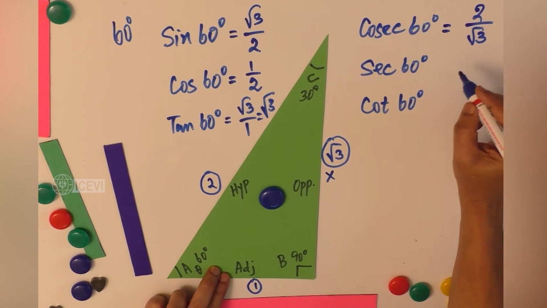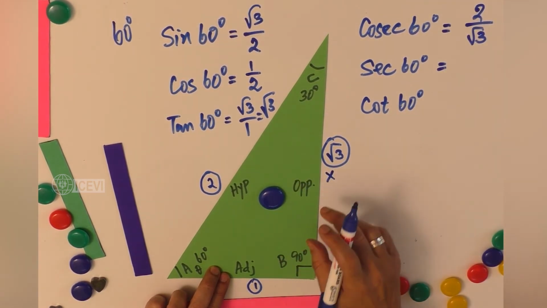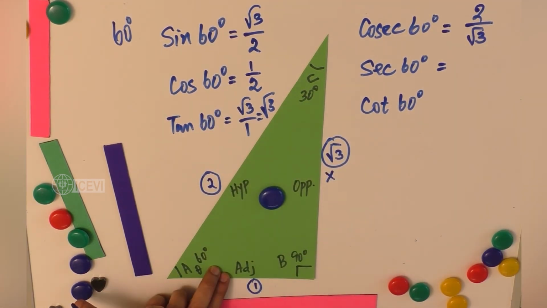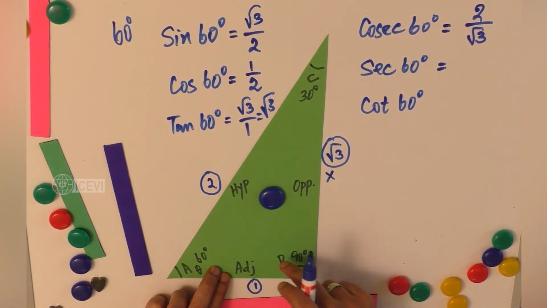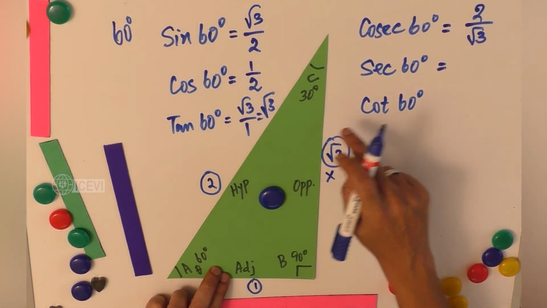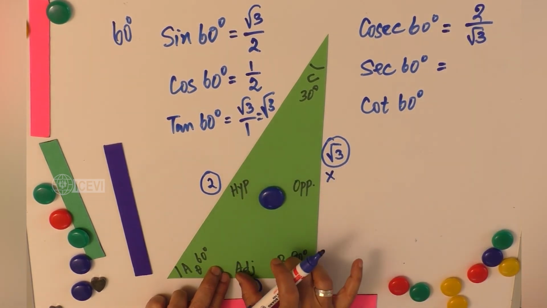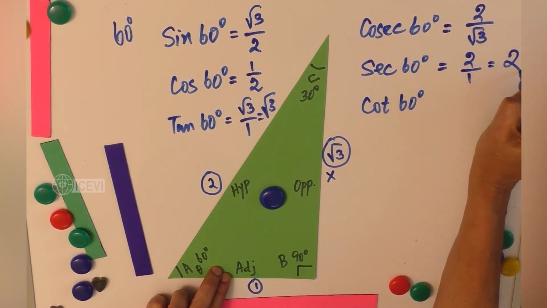So it is 2 by square root of 3. Secant 60 degrees is the reciprocal of cosine 60 degrees. What is cos 60 degrees? It is adjacent by hypotenuse, whereas secant 60 degrees is hypotenuse by adjacent. So that means 2 by 1, which is 2.